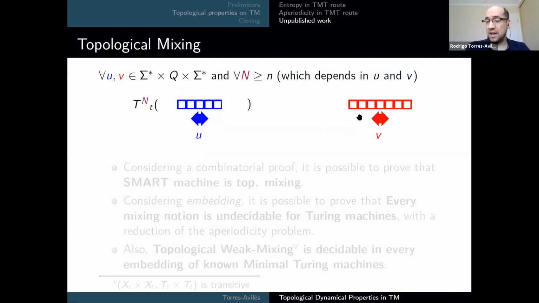Another interesting topological property is topological mixing.